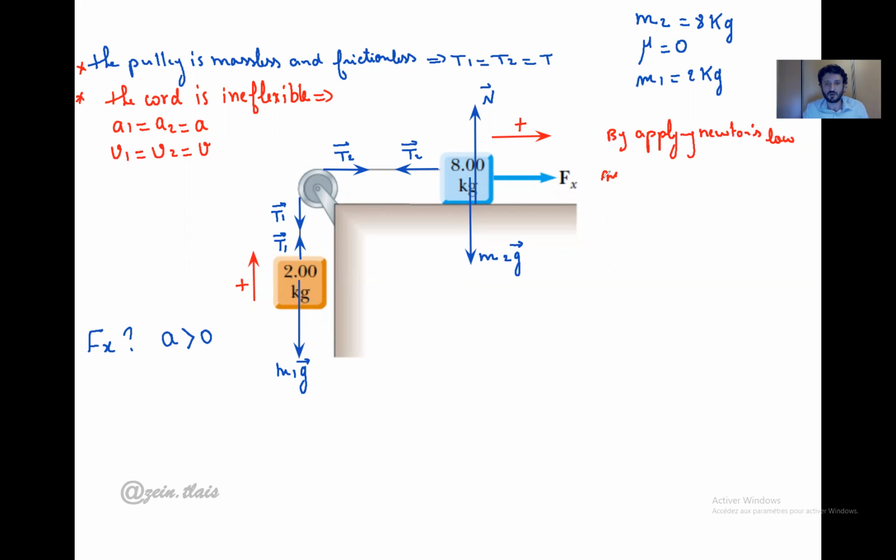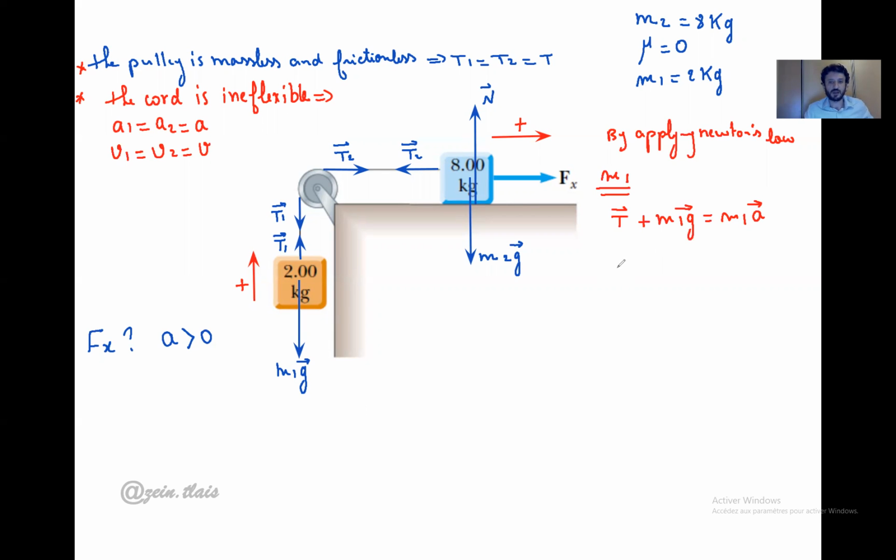We take now M1. What we have on M1: the summation of F on the object 1 equals T plus M1g equals M1a.